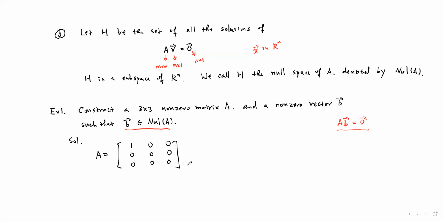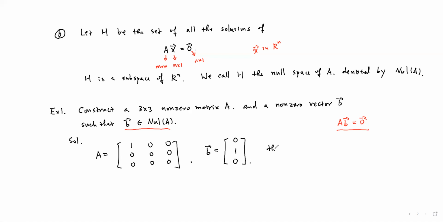Now let me pick a non-zero vector so that A times the vector is 0. Also, I try a vector as simple as possible. A times b should be 0. Let me put the first entry 0, second entry 1, the third entry 0.